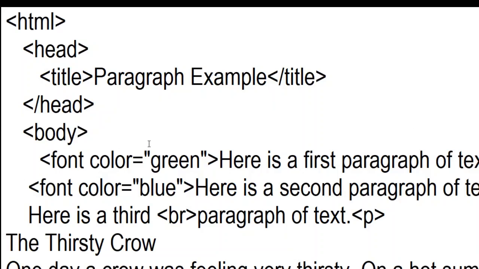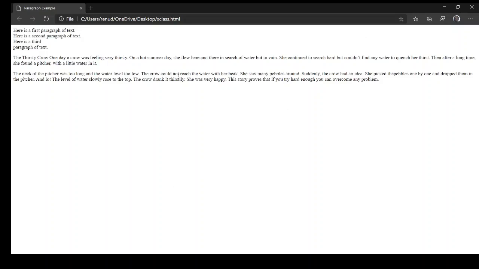Again save here and minimize the notepad. After minimizing the notepad, you can open the web browser, and again you can refresh here, so you can see the first line in green color and the second line in blue color.